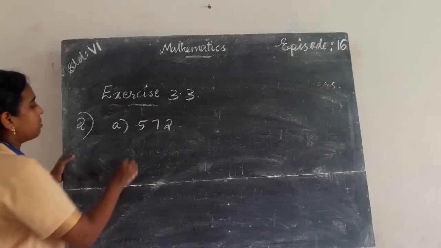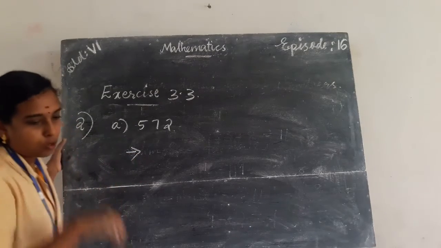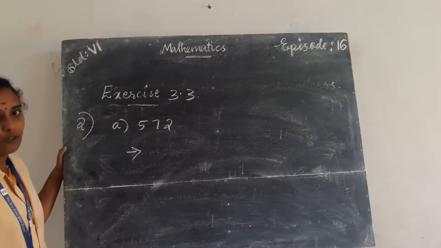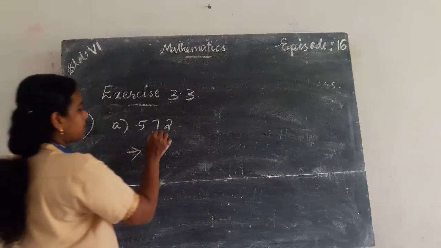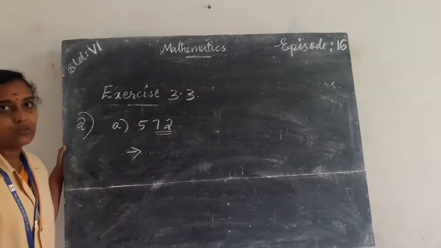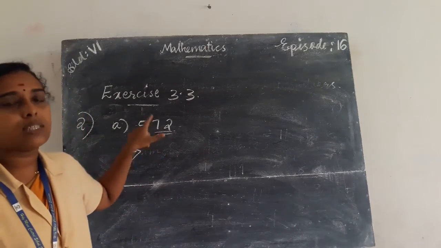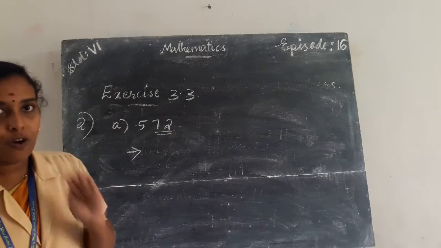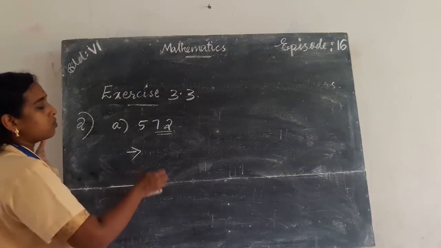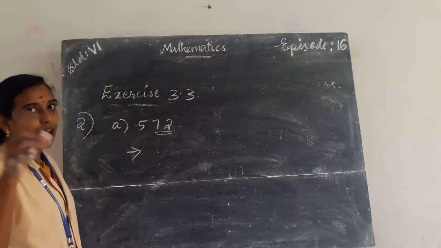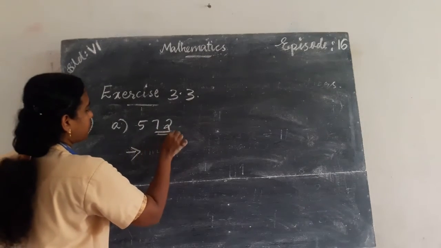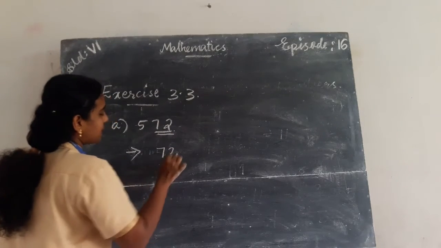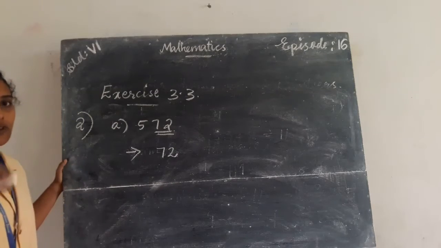Okay, first of all check the divisibility by 4. To check the divisibility of a number by 4, we take the last 2 digits. If the last 2 digits are divisible by 4, then we can say that the whole number is divisible by 4. Here, the last two digits from the right are 72. So we take 72 and check whether 72 is divisible by 4 or not.